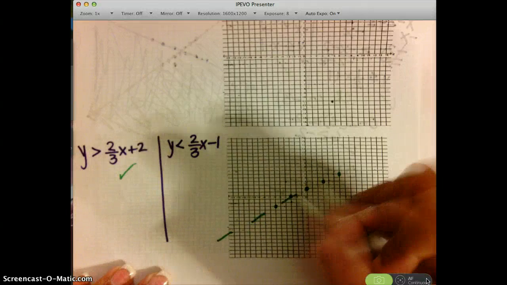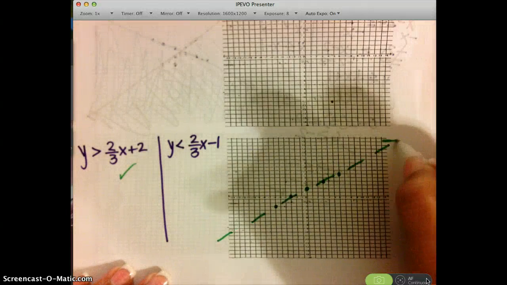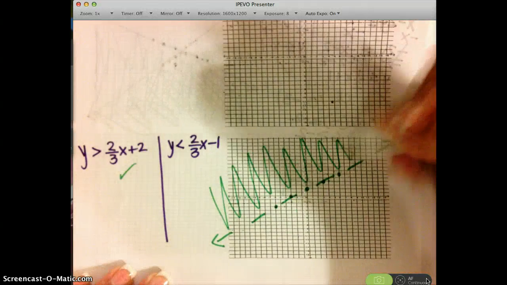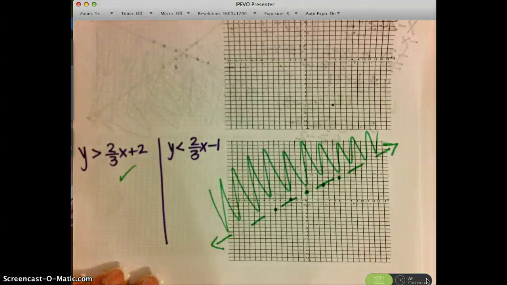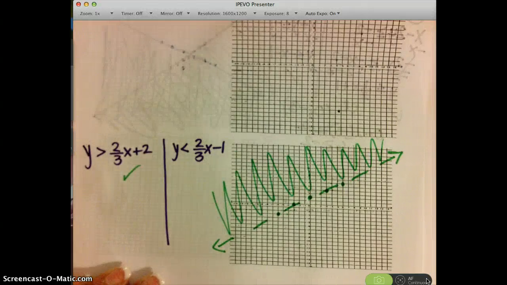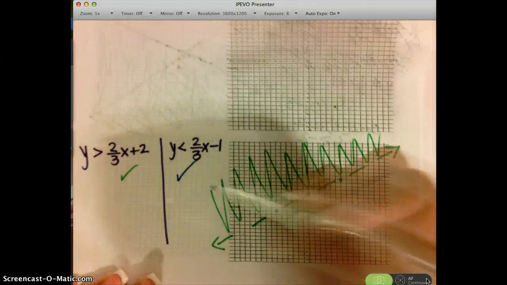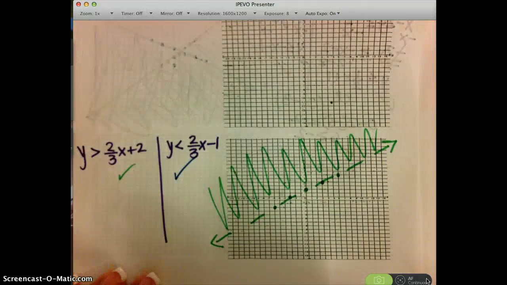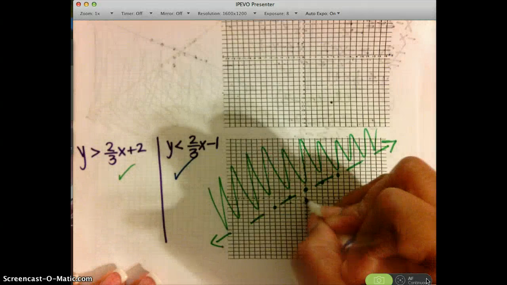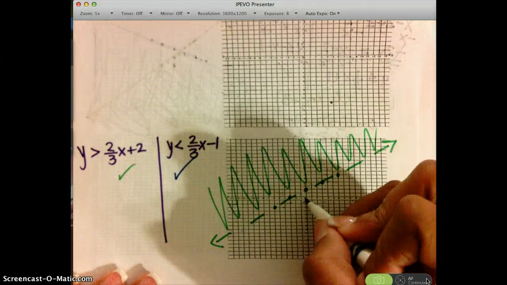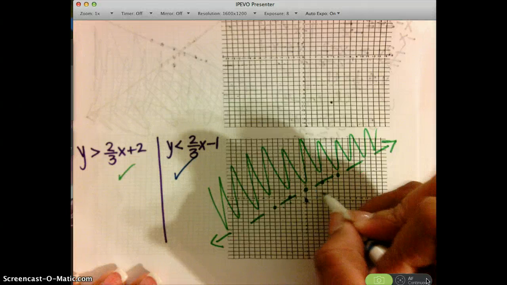I'm going to connect these with a broken line. It says greater than, so I'm going to shade above. I'm going to do the second one with the blue marker. Y-intercept is negative 1. Slope is 2 over 3. Up 2, right 3.